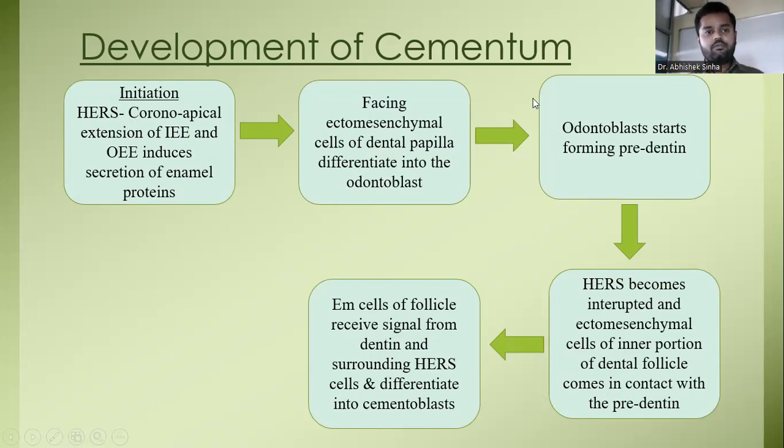So can you understand? What this entire flow chart says is how the cementoblasts are formed. Once the follicle cells came in contact with the predentine, they received the signals from dentine and the surrounding Hartwig's epithelial root sheath and ultimately differentiated into cementoblasts.